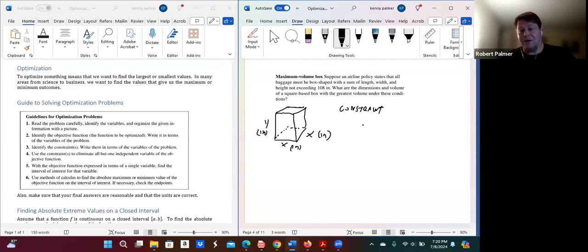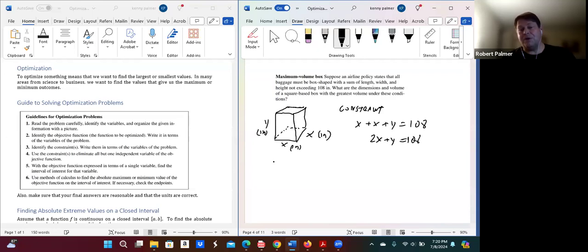Okay, so our constraint says that basically x plus y has to equal 108. Okay, the sum of the length, width, and height. Sum means remember to add. And here, so we have two x's. Let's write this as 2x plus y is equal to 108.